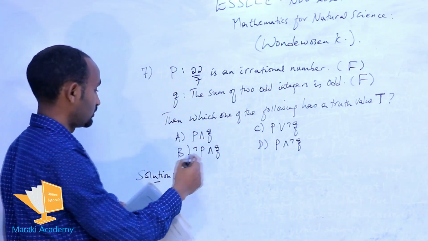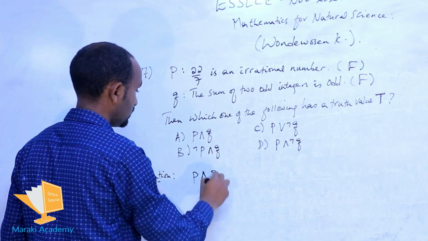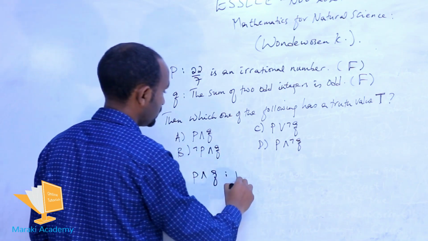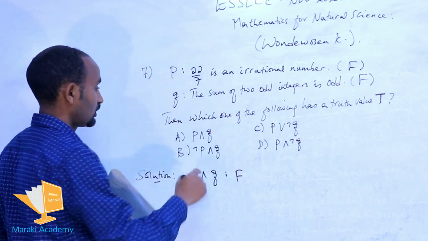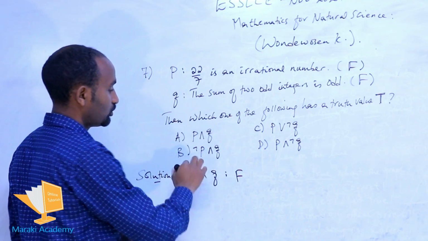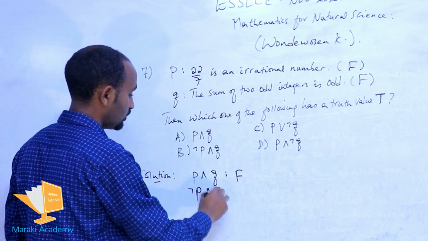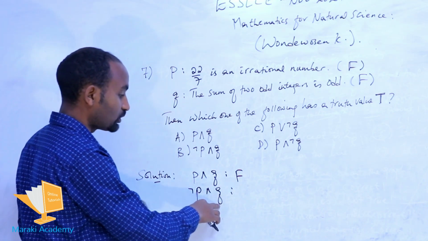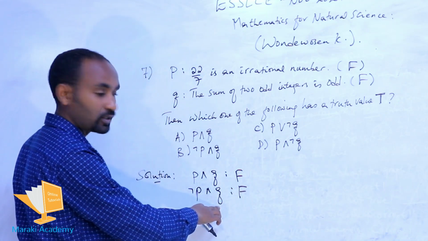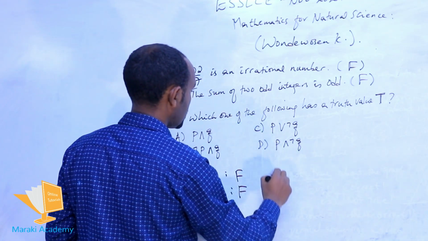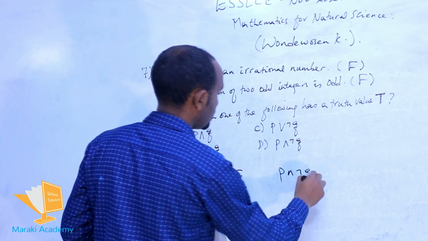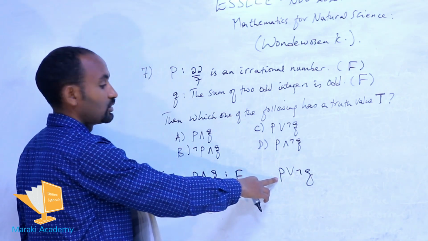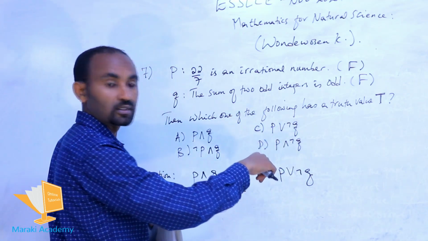P and Q: P is false, Q is false, false and false is false. B: not P and Q. Not P is true because P is false; true and false is again false because Q is false. C: P or not Q. P is false, not Q is true.